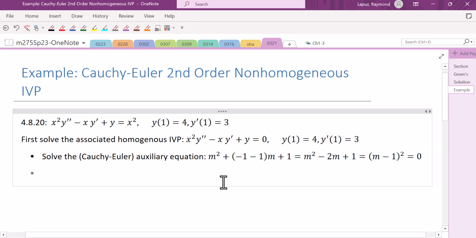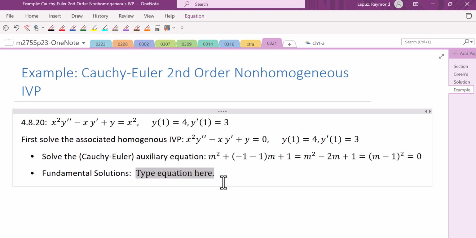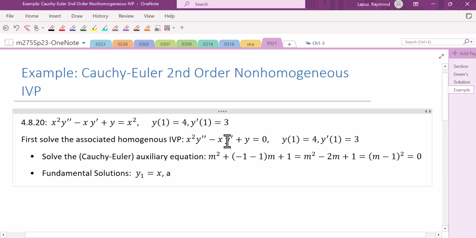So your fundamental solutions are going to be y sub 1 will equal x to the first power, and then y sub 2 will equal x to the first power, and since it's repeating, we're going to tack on an ln x next to it. So here are your two fundamental solutions.